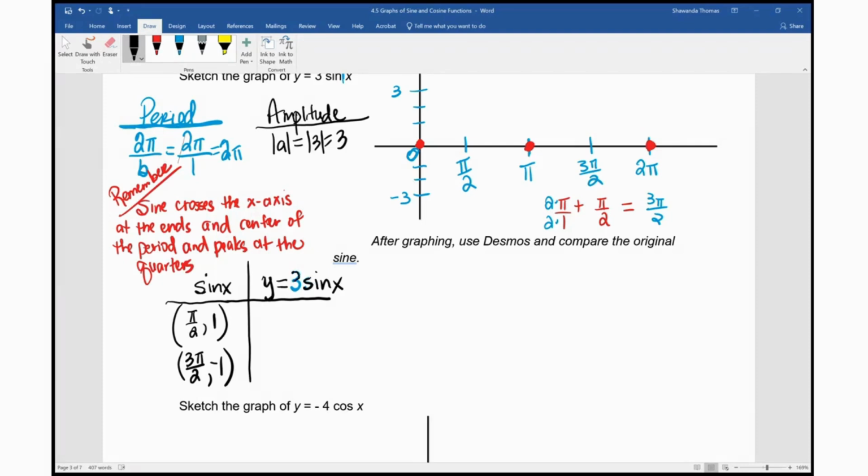Wouldn't we just multiply 3 times our output? Here's our output here. Let's just multiply this times 3. We'll get 3. So 3 pi over 2, we multiply that by 3. We get -3.